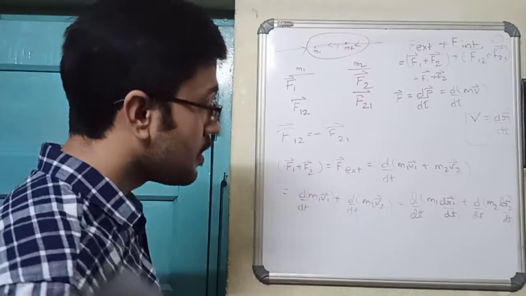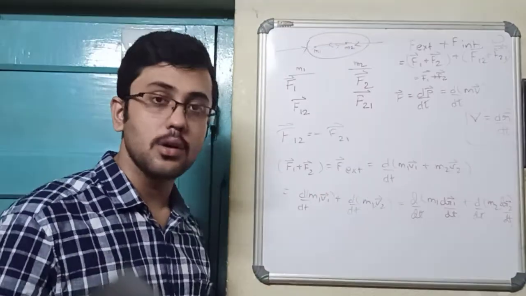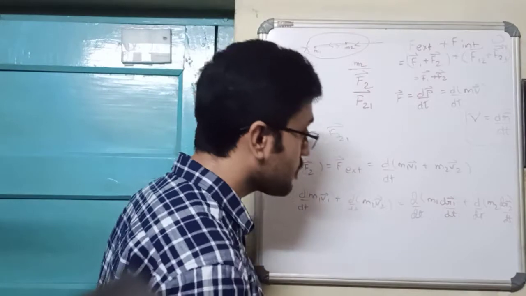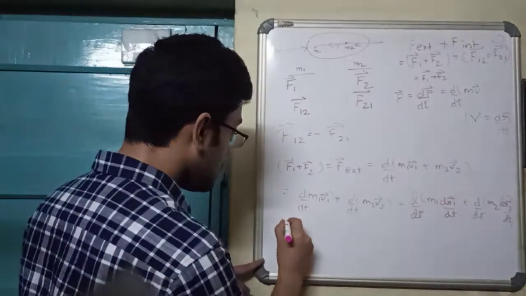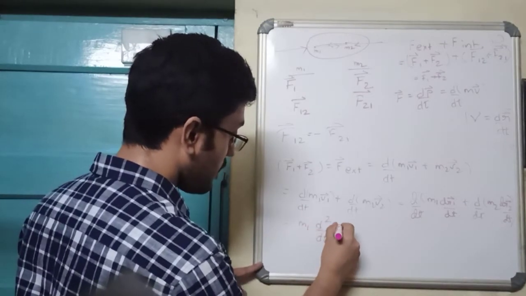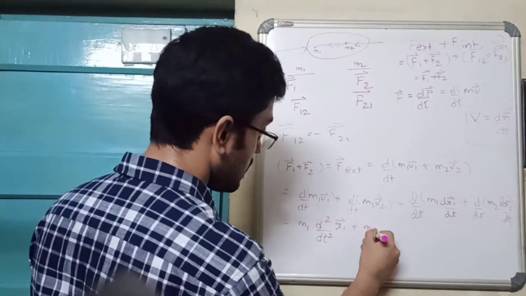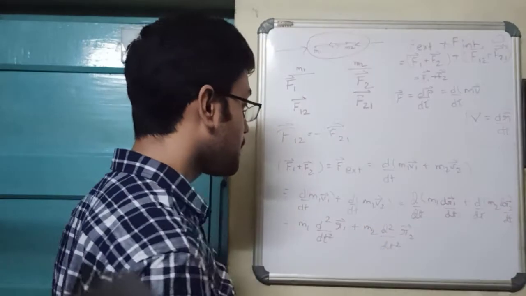Now what we will do is take m1 outside and m2 outside because they are constants. So what we will be left with is d/dt twice acting on r1. That basically looks like this: m1 times d2/dt2 of r1 plus m2 d2/dt2 of r2.